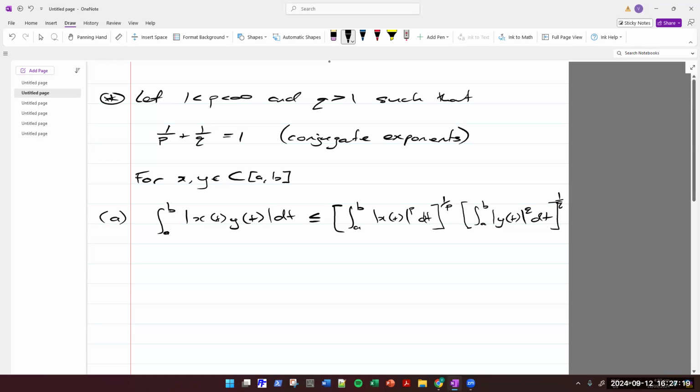Remember the relationship between p and q. Those are conjugate exponents. This is called Holder's inequality.